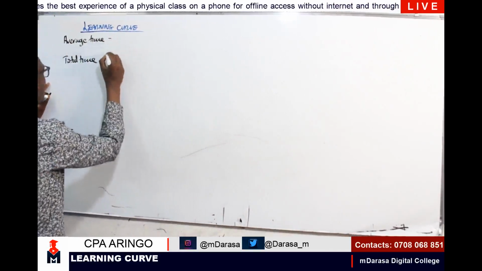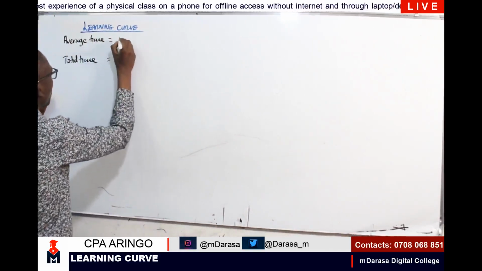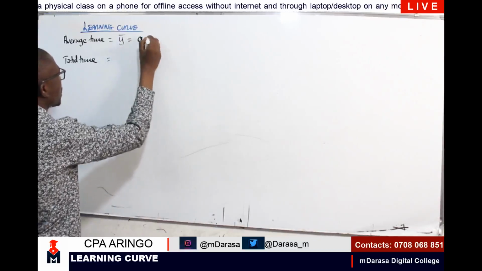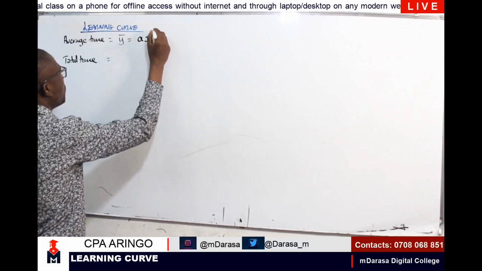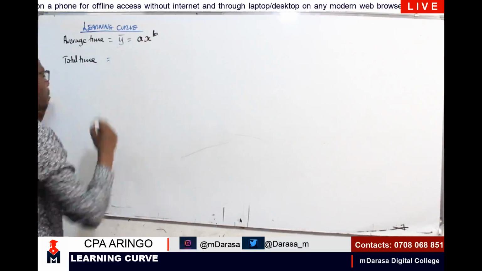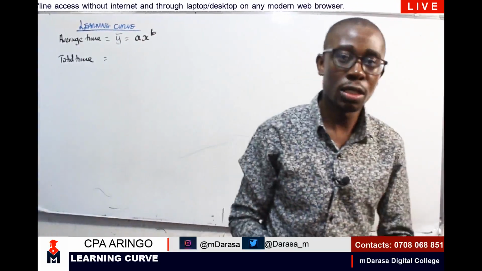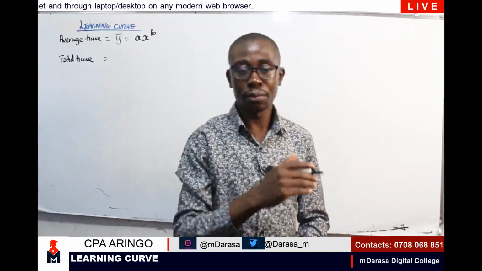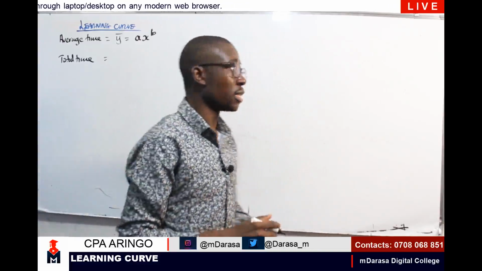So for average time, we have y bar, which is a x raised to power b, where a, remember we mentioned, is the time or cost that we spend to produce the first unit.